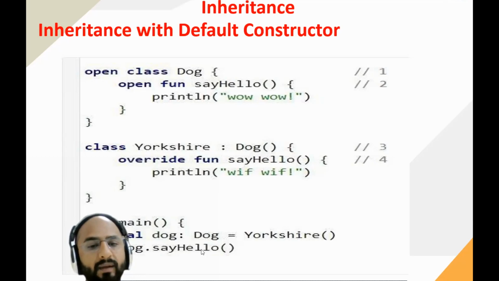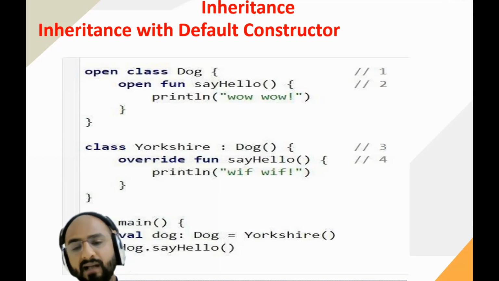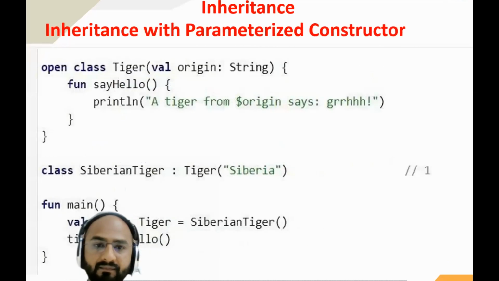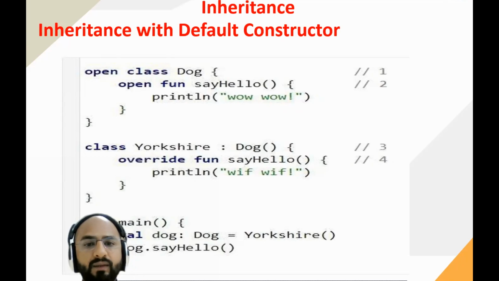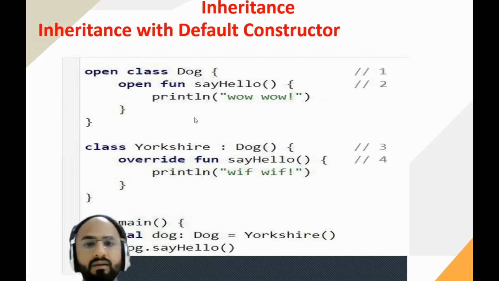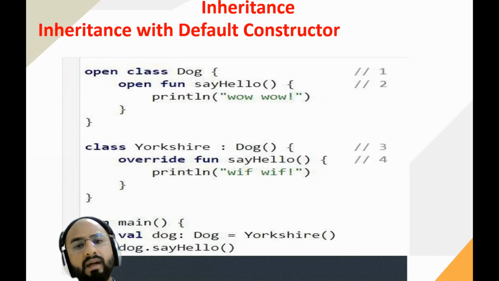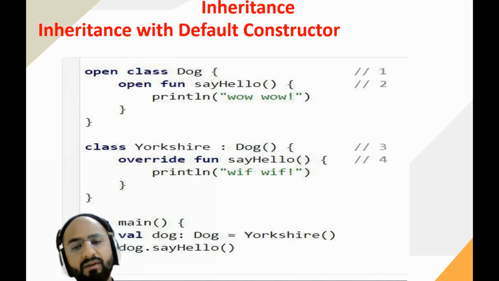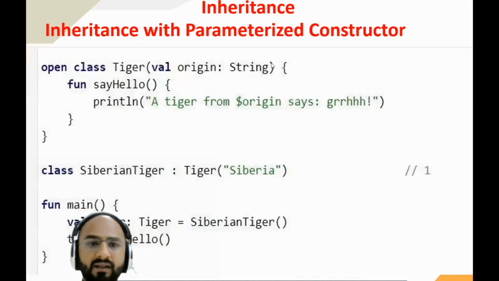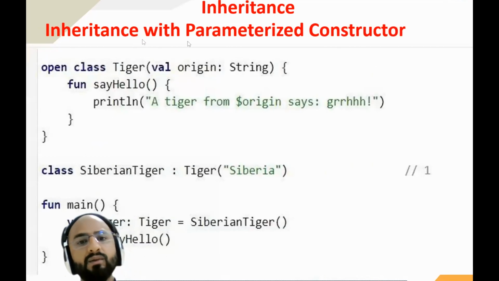So the dog.sayHello method will be called, and it will run and provide the output in the console. This example, without any parameterized constructor, is available for the default constructor only. Now you can see the example I have written over here with the parameterized constructor.